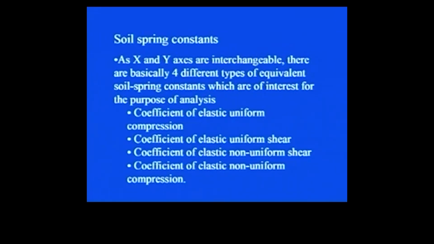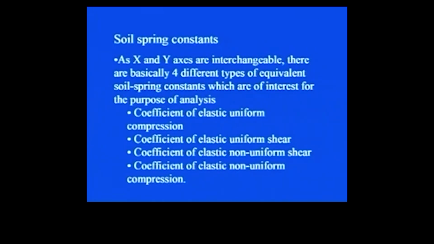So, for each different mode of vibration, the equivalent stiffness of the equivalent spring by which you are representing the soil will be different. Whatever the mode of vibration, one corresponding value of the spring constant of the soil will be there. If it is compression, that spring constant will be different.